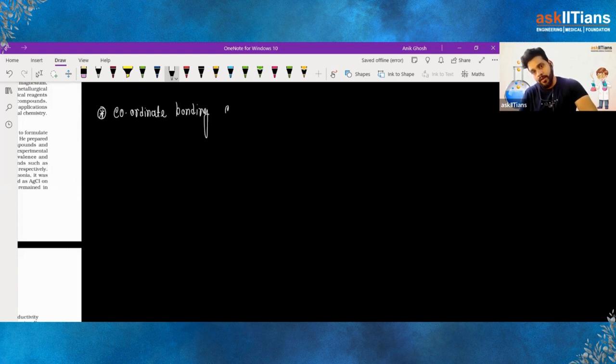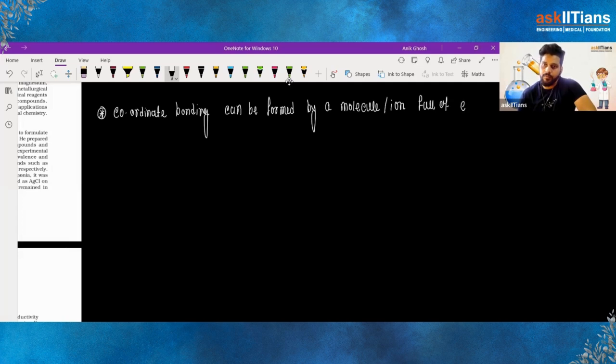Coordinate bonding can be formed by a molecule or ion full of disposable electrons. Guys, this is not a definition. This is our take home point. Disposable electrons means excess electrons that you can dispose, you can give away to somebody.